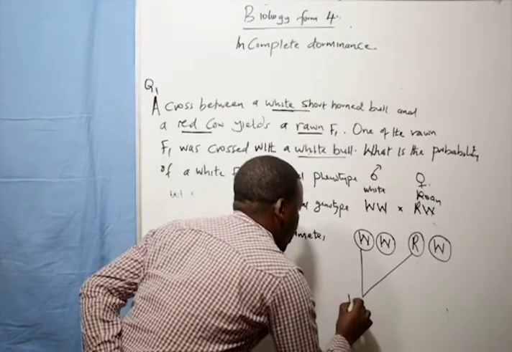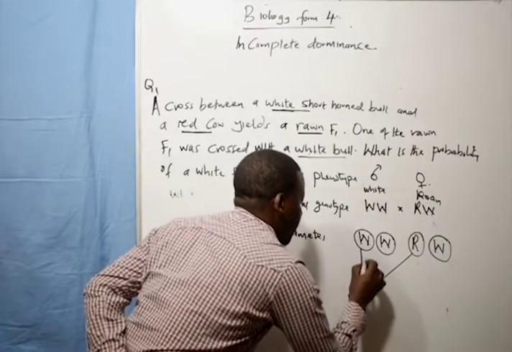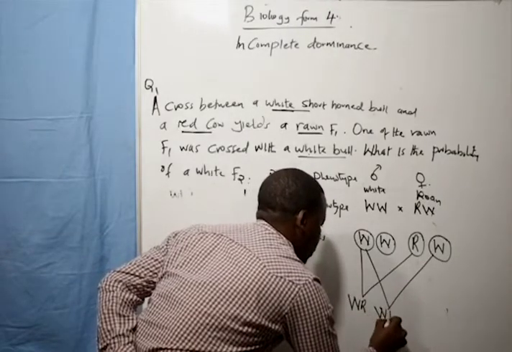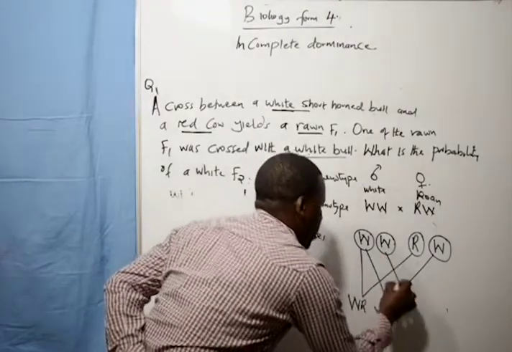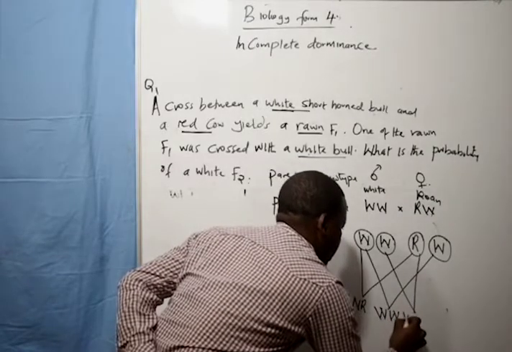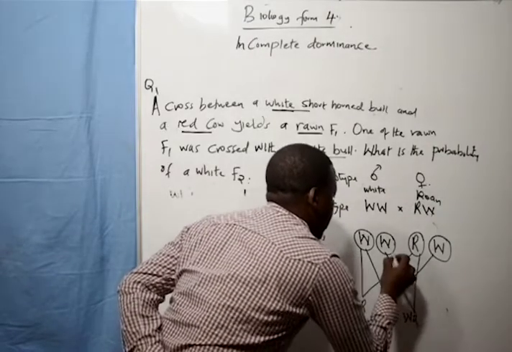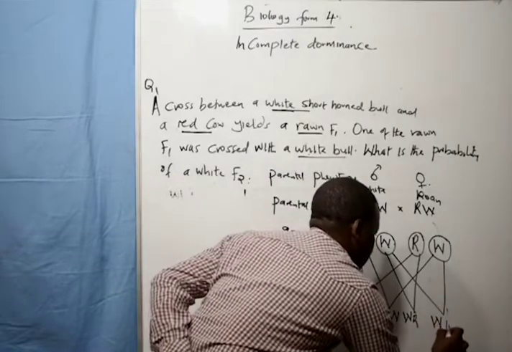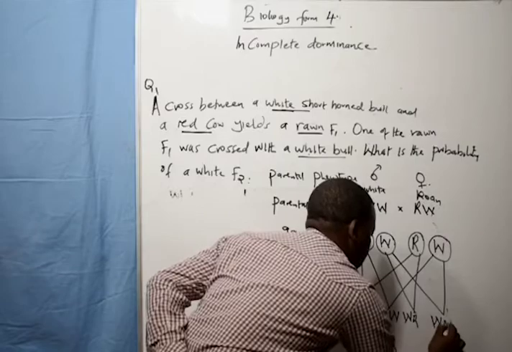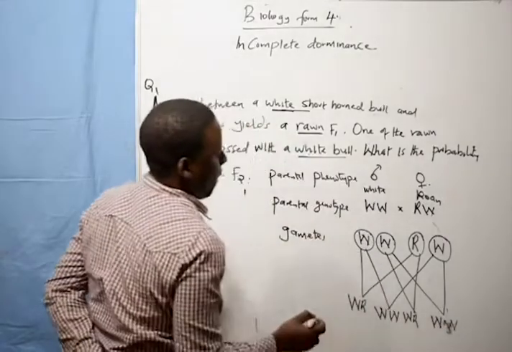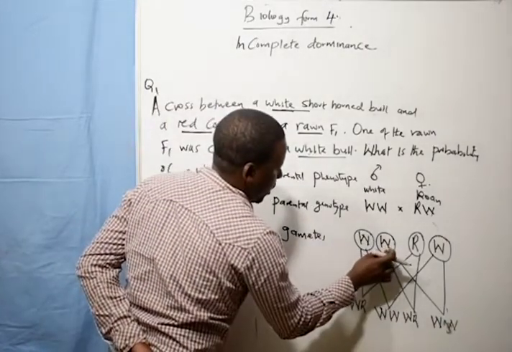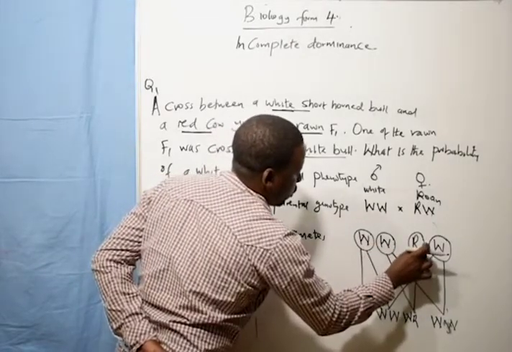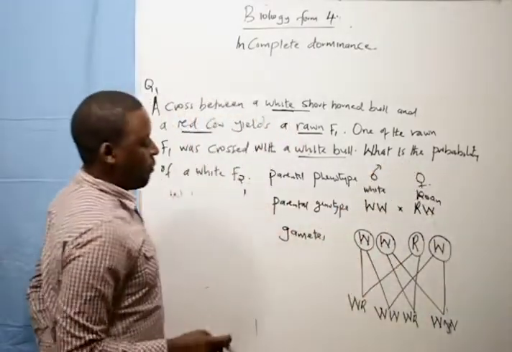This is W, R. This is W, W. This is W, R. And that is W, W. Make sure that the lines don't cross into the inside of the gamete.